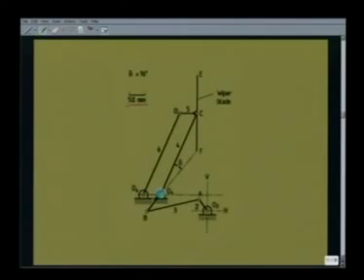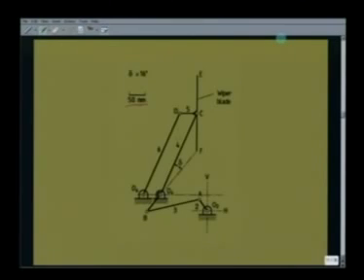And the second 4R mechanism, that is O4, C, D, O6, is in the form of a parallelogram. O4C is the same length as O6D and length CD is the same as length O6O4. And this wiper blade is an integral part of the coupler of this parallelogram linkage, that is link number 5. The wiper blade is the same as link number 5.